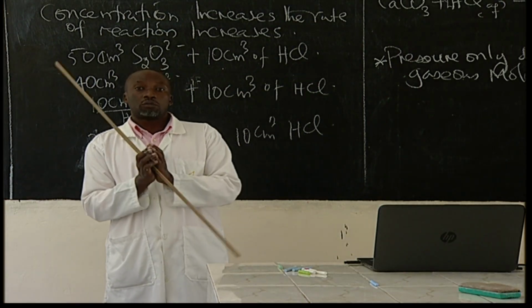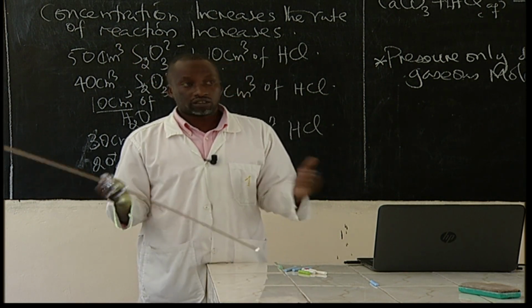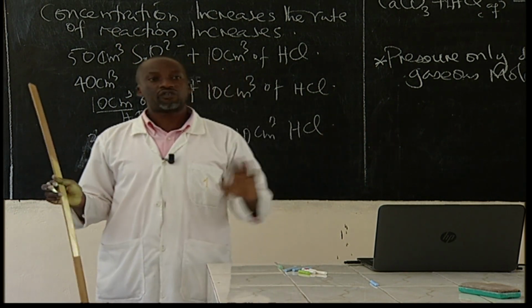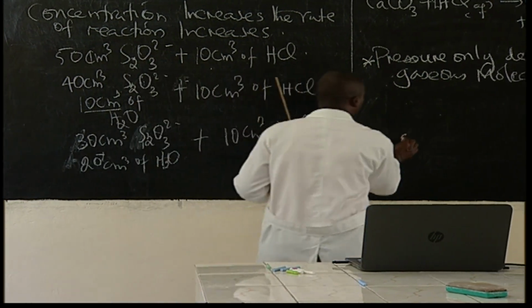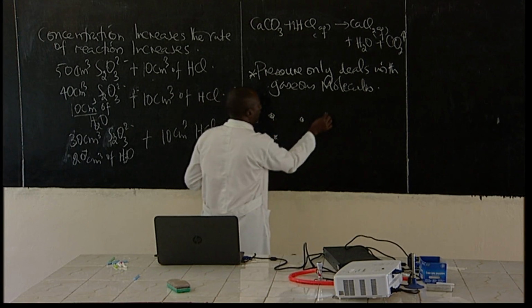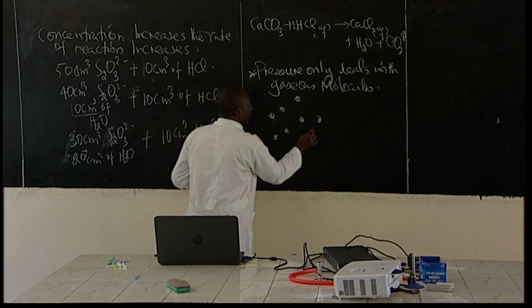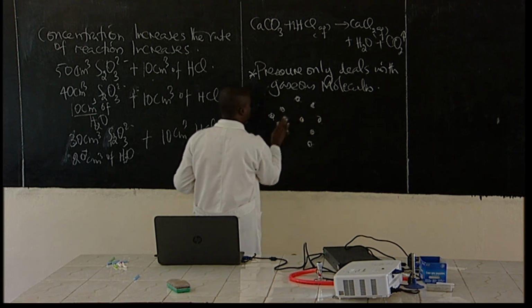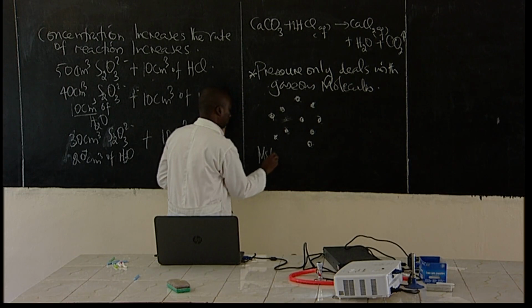If they cannot be compressed, then it means they have no effect on pressure. So gases, because the particles are all spread out, far from each other. Look at this. These are particles of the gaseous molecules.